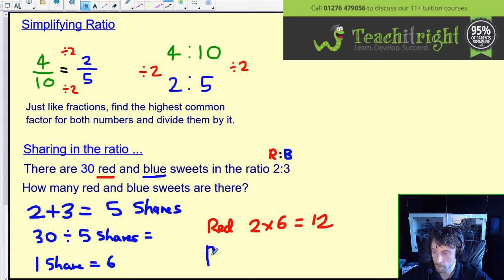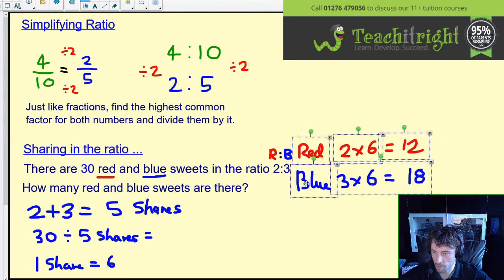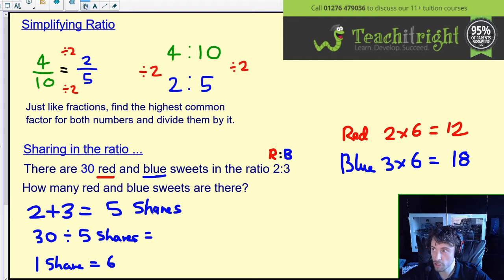For blue, I'm going to have 3 shares, and each share is worth 6, so I'm going to have 3 times 6, which gives me 18. So I think I've worked out how many there are. I could choose to represent this as having split it into 12 to 18. But equally, it's fine just to say how many sweets you have as follows.